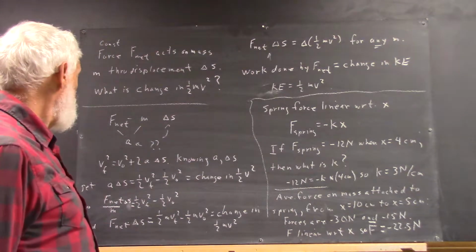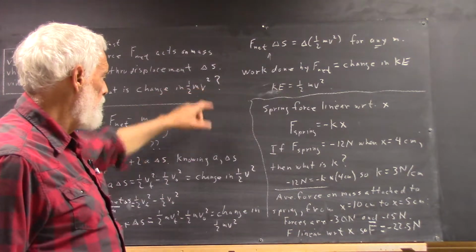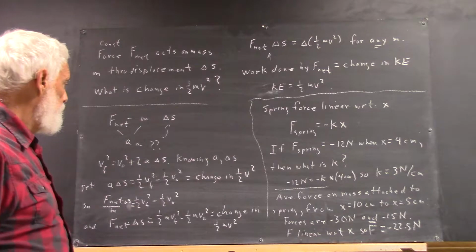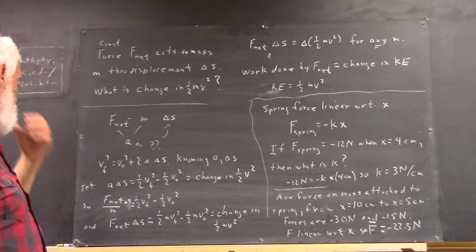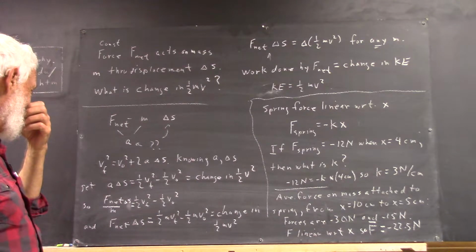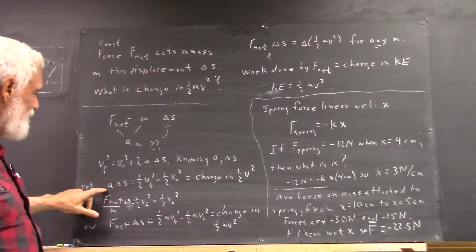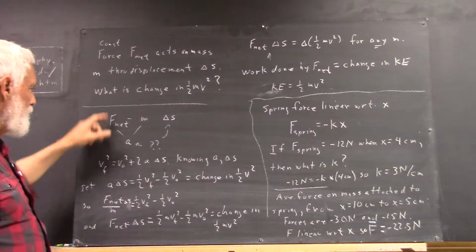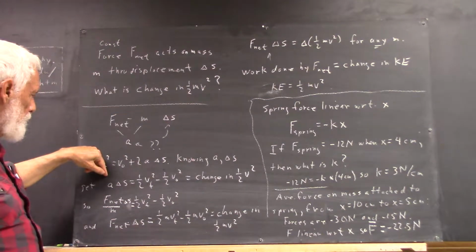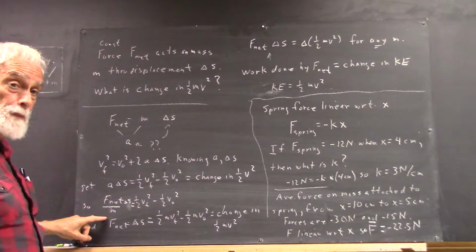What we're trying to find is the change in the quantity 1/2 mv squared in terms of Fnet and m. It then follows that A delta S, since A is Fnet divided by m, we can replace A by Fnet divided by m.